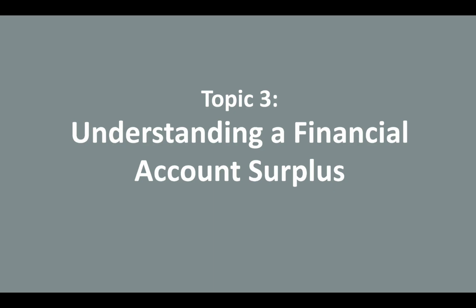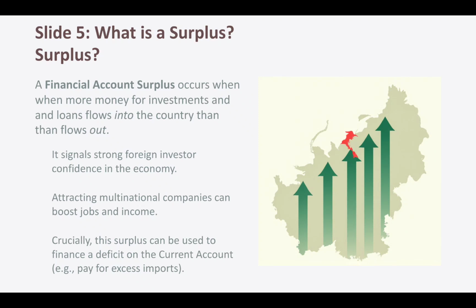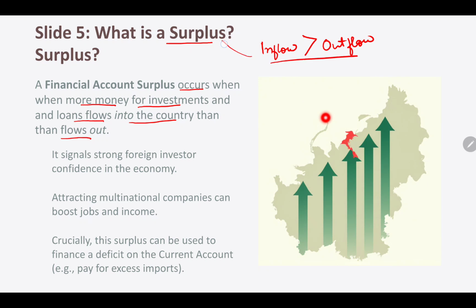Understanding the financial account surplus. Surplus means extra. A financial account surplus occurs when more money for investments and loans flows into a country than flows out. So there is inflow and outflow, and if inflow is greater than outflow, it means surplus.